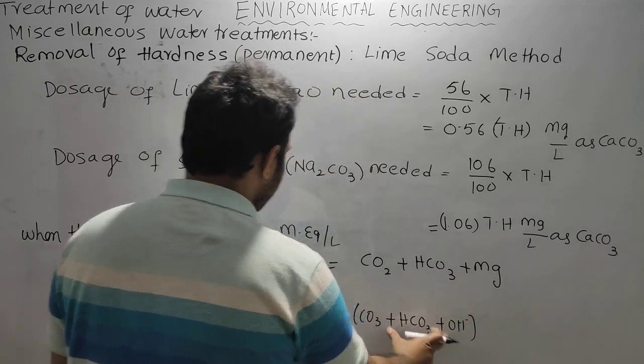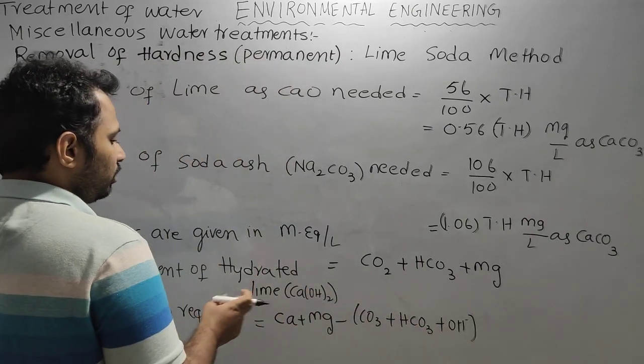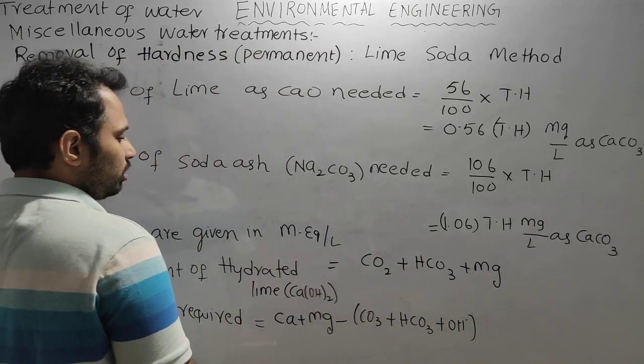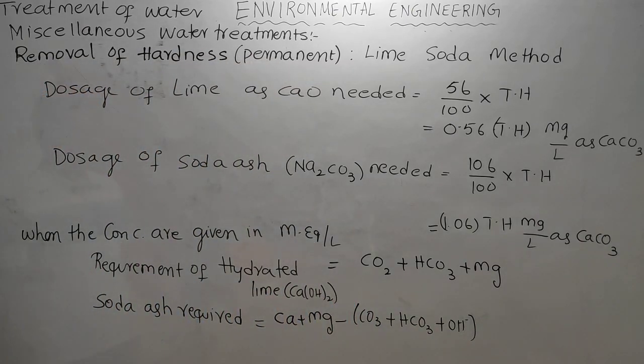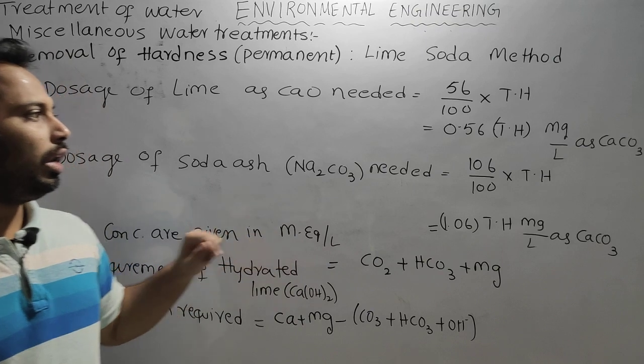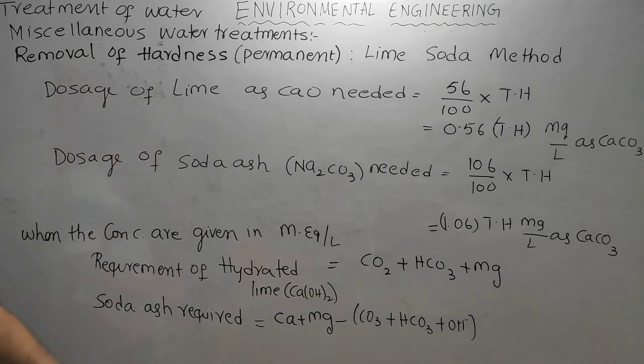These three will be taken care of by lime, and whatever hardness is present apart from this will be taken care of by soda ash. So these are the requirements of lime and soda ash when the concentrations are given in milli equivalents. Very important.